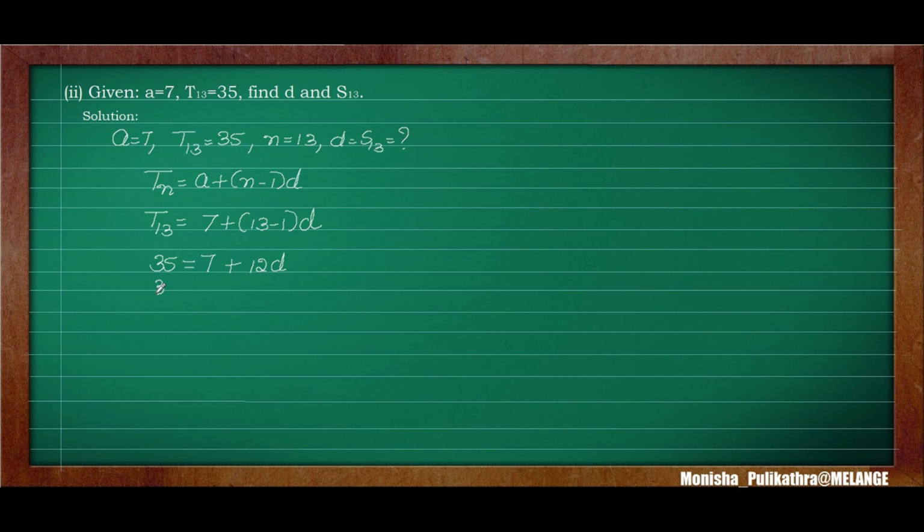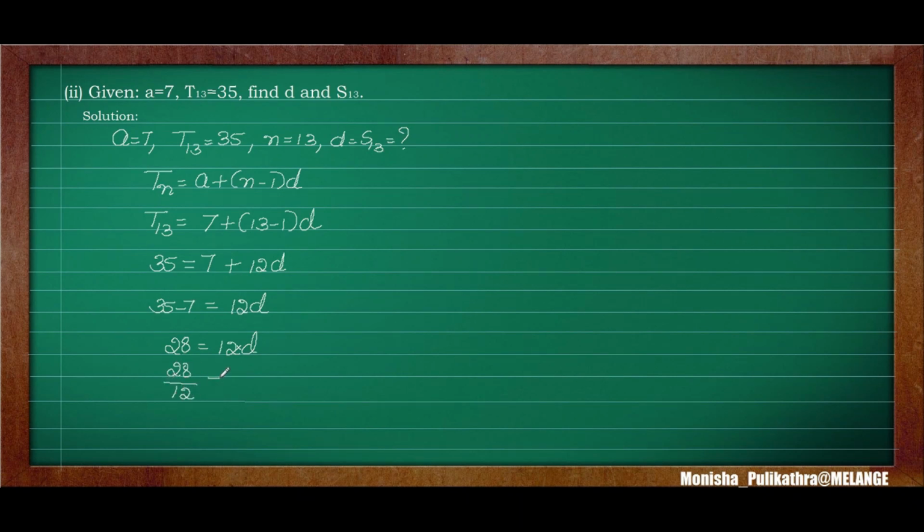Okay. Next I will shift 7 to the left hand side. So 35 minus 7 is equal to 12D. So 35 minus 7, 15 minus 7 is 8 and the remaining will be 2. So 28 is equal to 12D. So next, this is 12 into D. If I shift 12 to the left hand side, it will become division form.